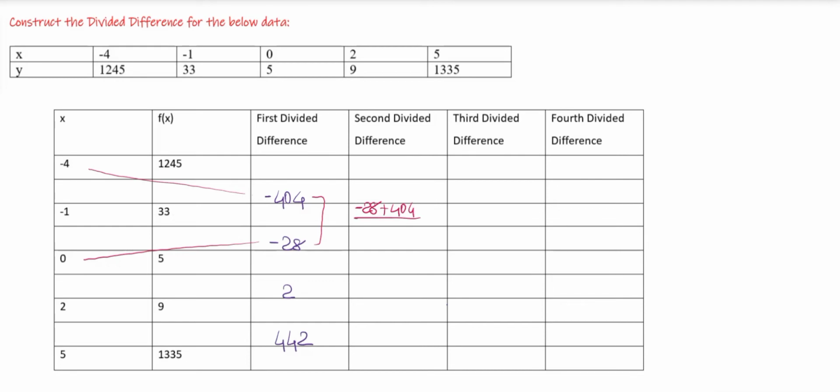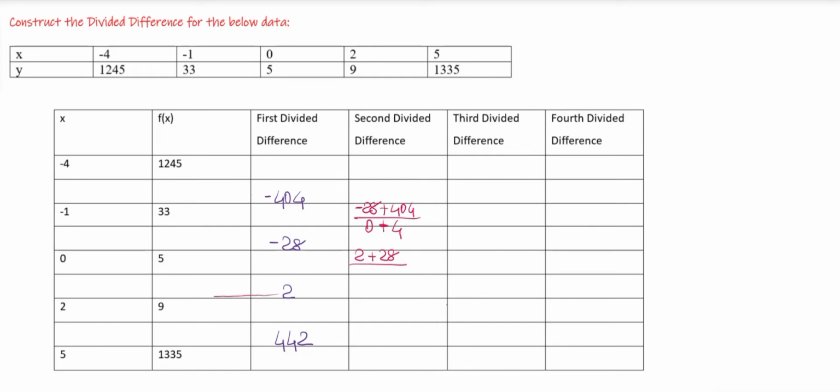How will you find the denominator? Just see the cross value in x. Cross value means for minus 28 the cross value is 0, and for minus 404 the cross value is minus 4. Then for 2 the cross value is 2, and for minus 28 the cross value is minus 1.